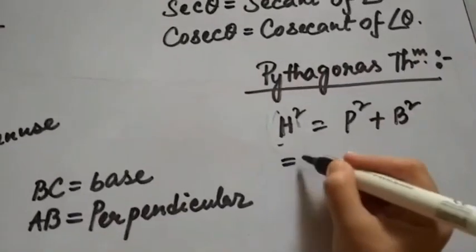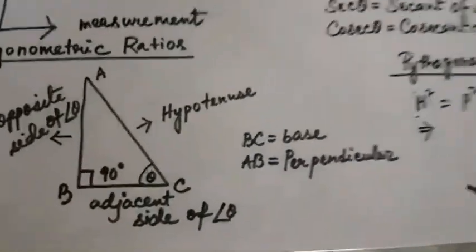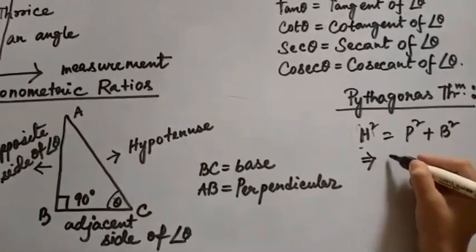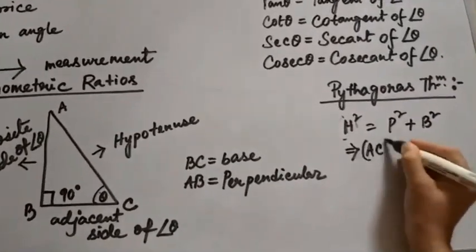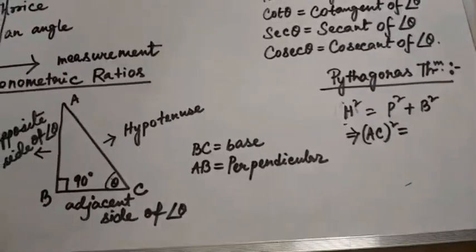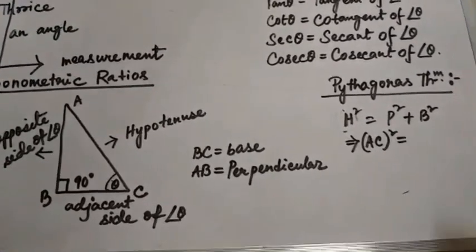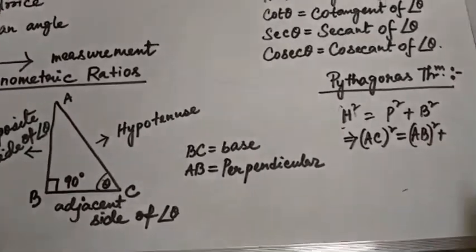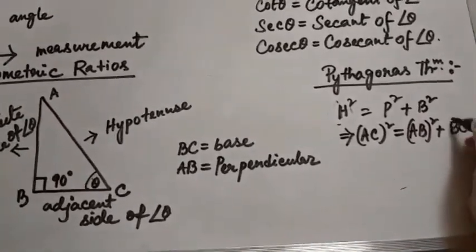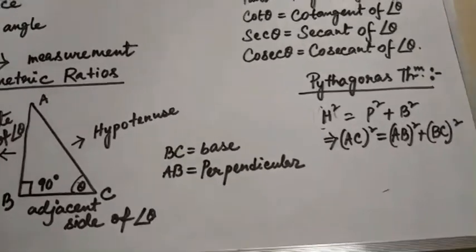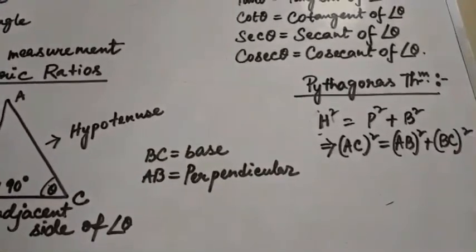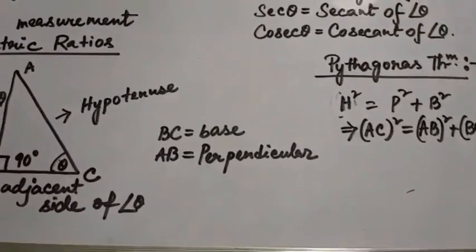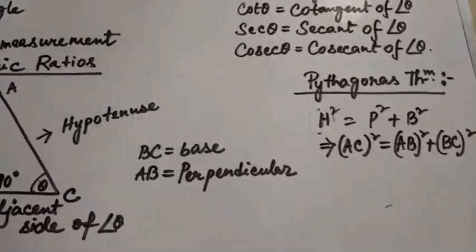So if I follow the picture, it will be AC square equals to, what is the value of perpendicular? That will be AB square plus BC square, right? You have to remember this Pythagoras theorem, because it will be needed in the next topic.